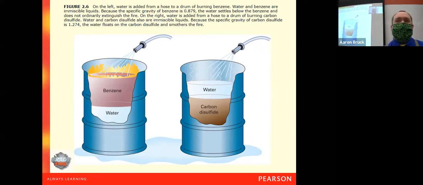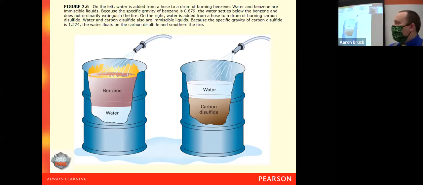And so what happens is you dump the water on top, and instead of suffocating the vapor, it just sinks to the bottom. The fire keeps going up on top. For benzene fires, we would have to use either some kind of a containment system or a foam or some kind of something to ultimately stop that fire.